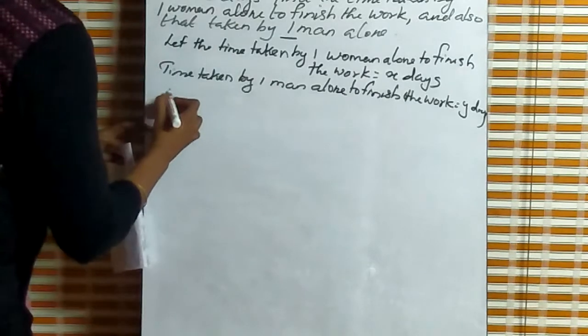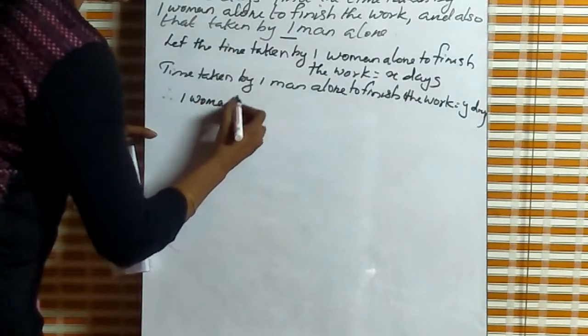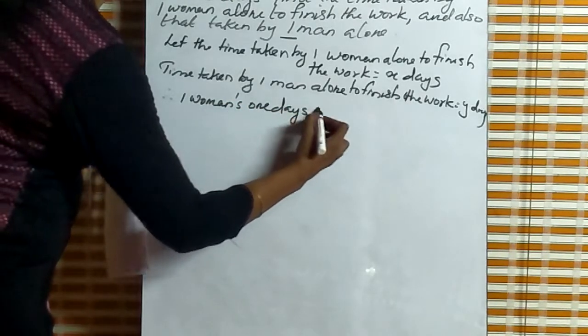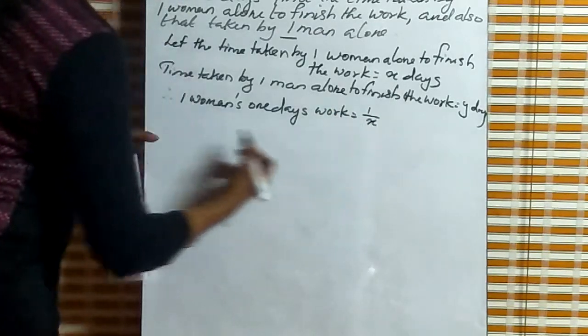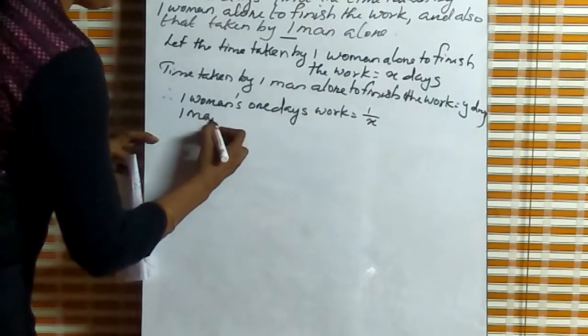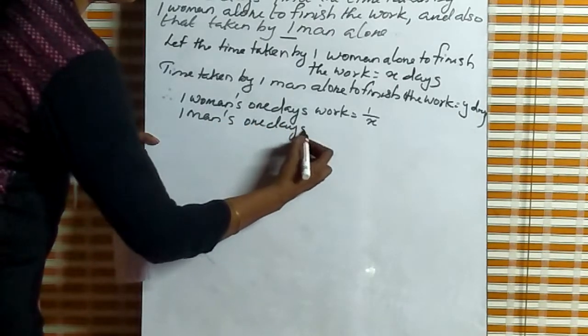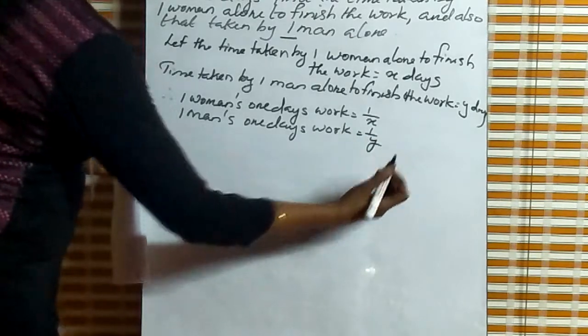Therefore, one woman's 1 day's work is equal to 1 by x, and one man's 1 day's work is equal to 1 by y.